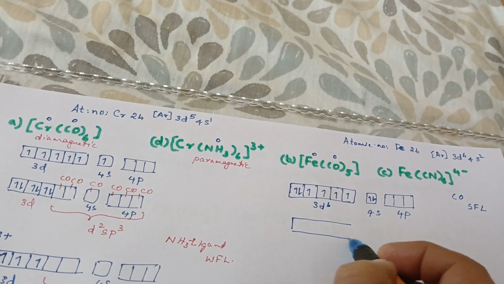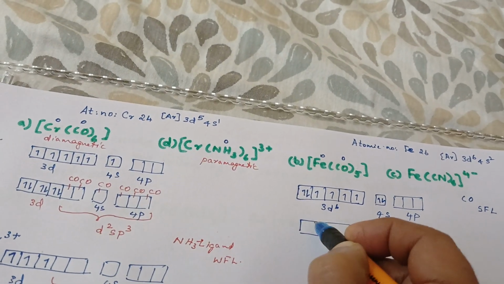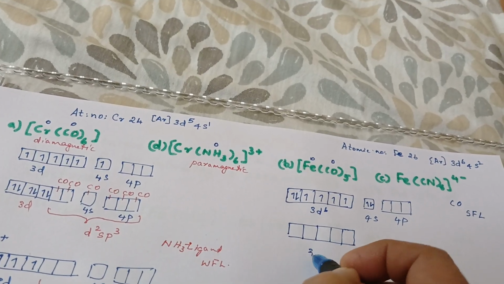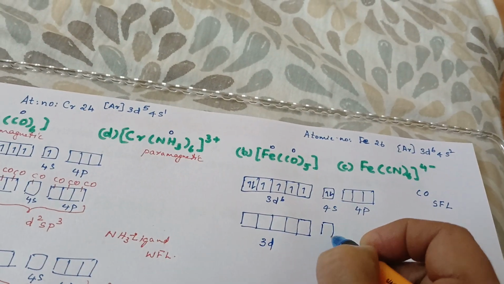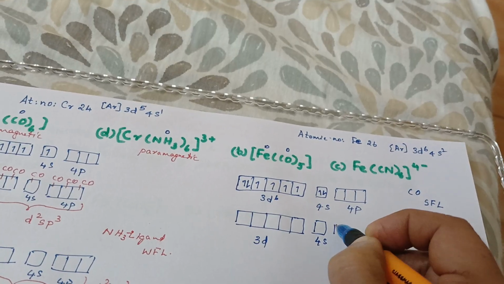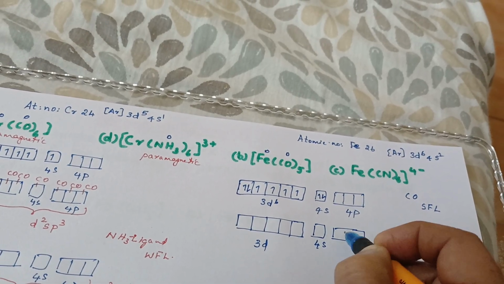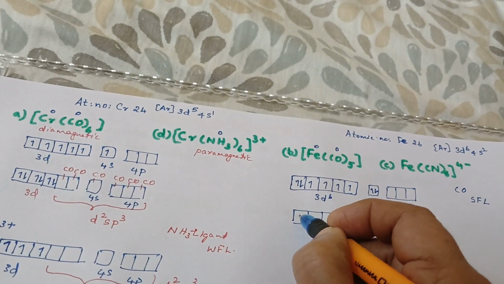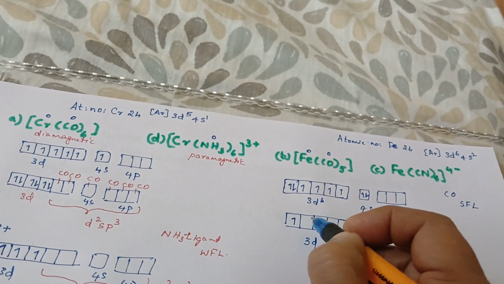They will pair up. 3d, 4s and 4p will come together and pair up, meaning 8 electrons in the 3d orbital.